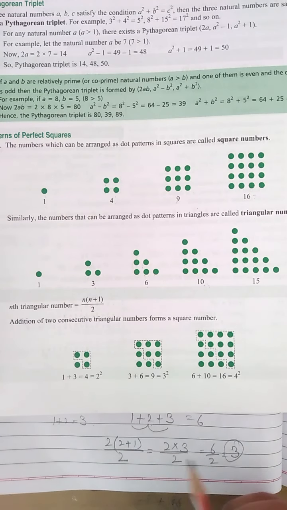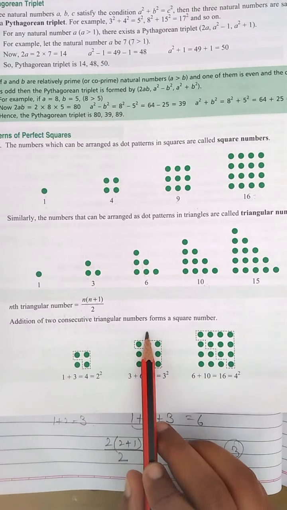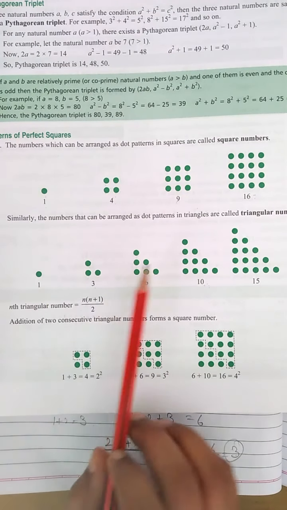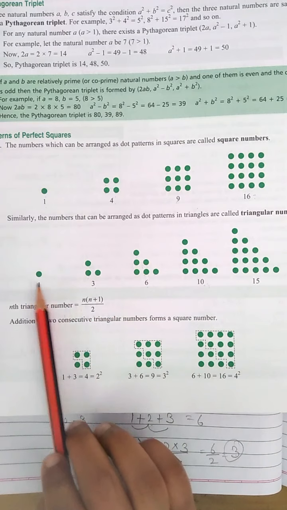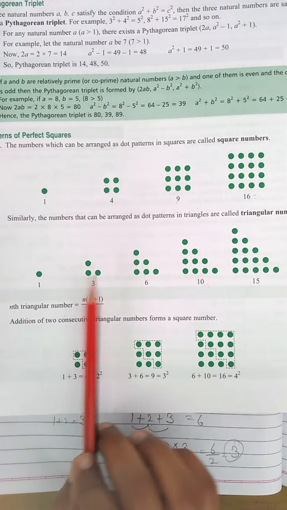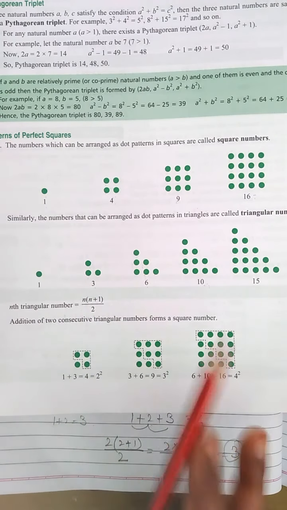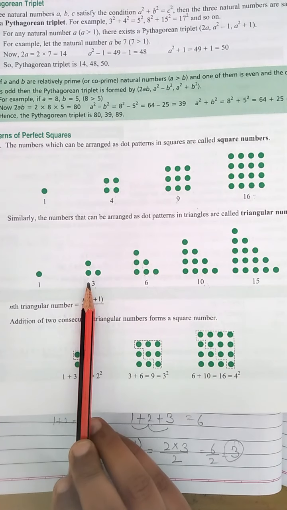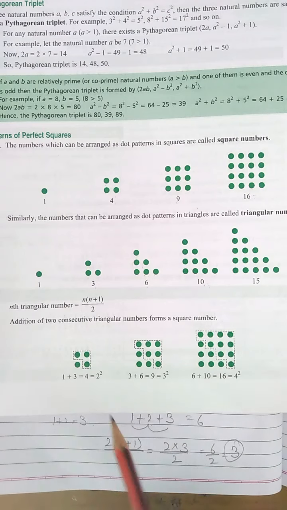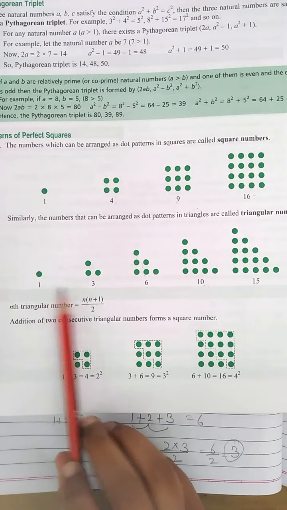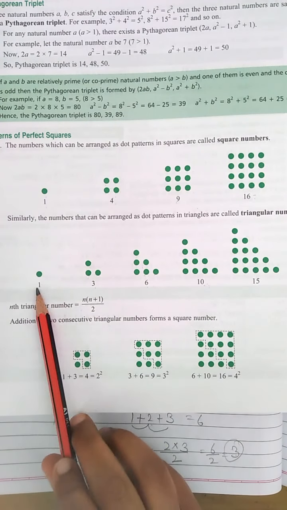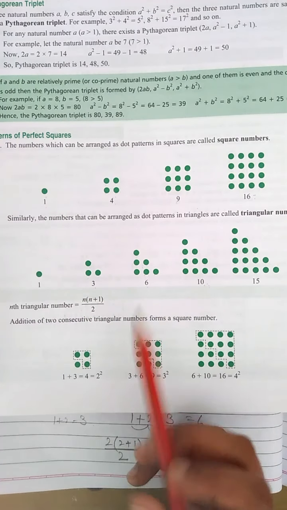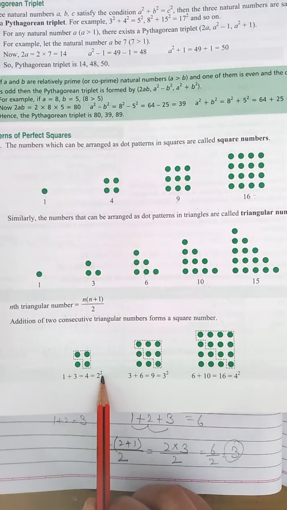Similarly, addition of two consecutive triangular numbers forms a square number. Now these are triangular numbers, and when we add these two consecutive triangular numbers, ठीक है, तो then we get the square number. For example, these two are consecutive triangular numbers, and when we add these, 1 plus 3 is equal to 4, which is the square of 2, na. ठीक है.